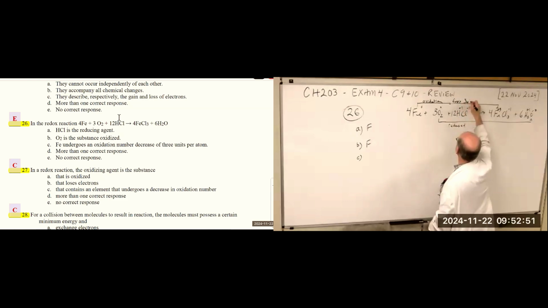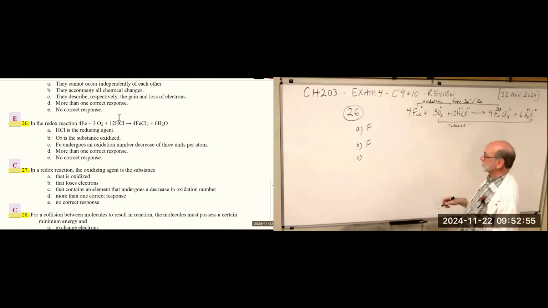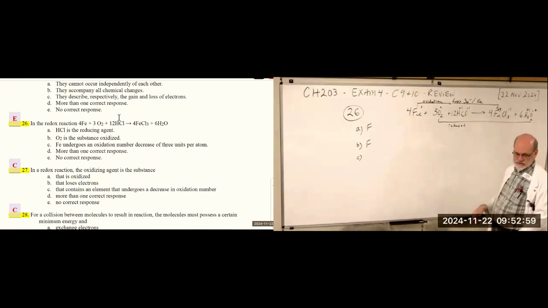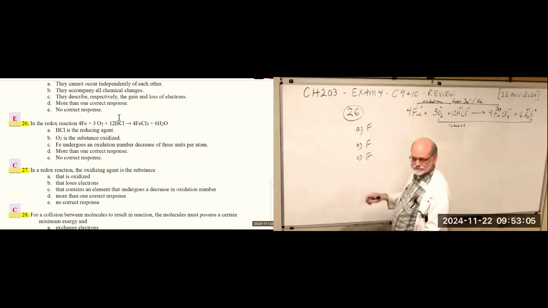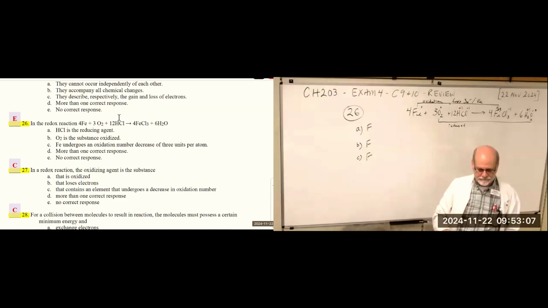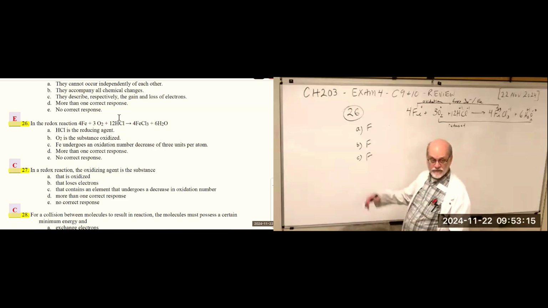Loss, 3 electrons per iron. And that means the oxidation number increases. So iron undergoes an oxidation number decrease? No, it's an increase. Okay. We have to pay attention to the wording. So no correct answer. All right, they're all false.